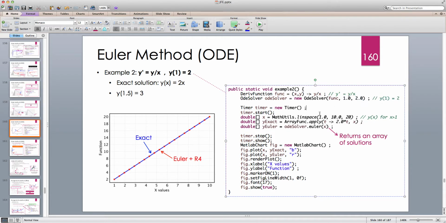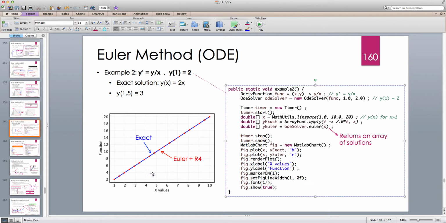Okay, now I'm setting up a timer just to see how long it takes to solve. But what I'm interested in is solving on the interval from 1 to 10. And let's say I want to solve for 20 points, all these red dots.